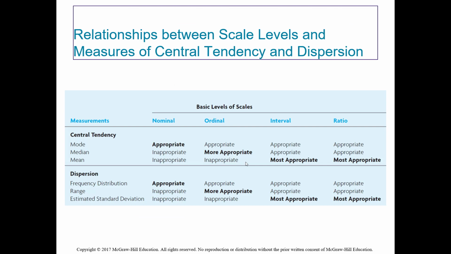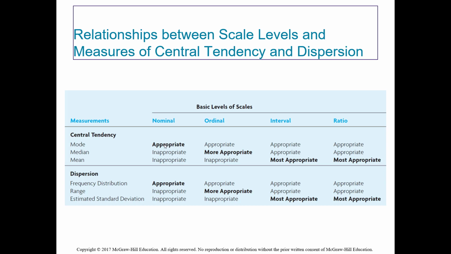Okay, so here's a little summary based on the material in the class of what we've done, and then I'll go into some more complicated data. If we have nominal data, if we have categories, the only measure of central tendency we can really use is actually the mode. It doesn't make sense to find the middle value for, for example, categories of major.